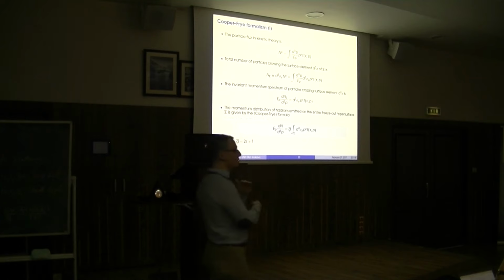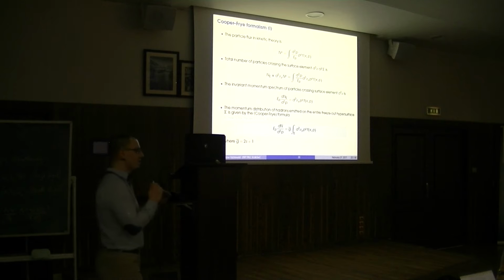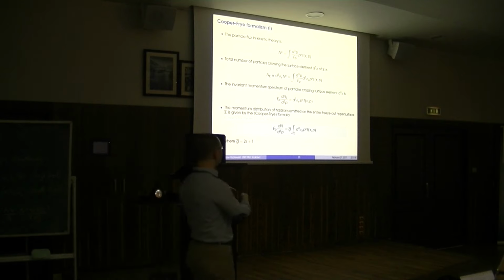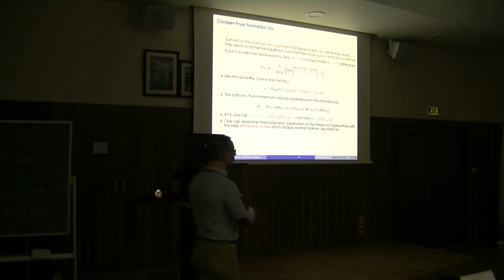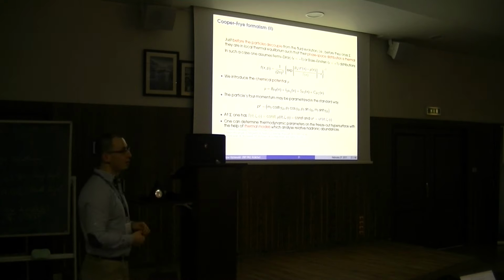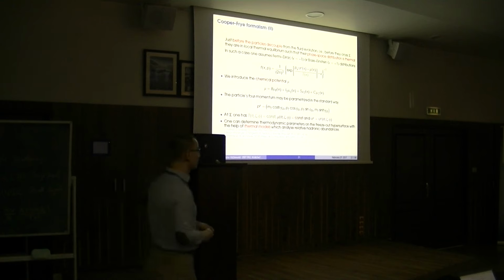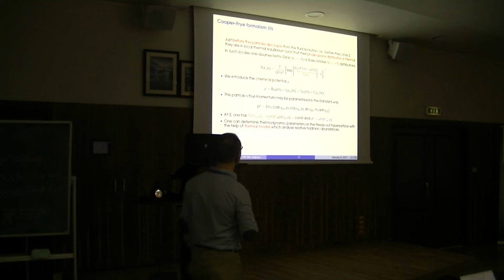So we assume that this thermal distribution is frozen, and we observe the same thing on the other side of the surface. And in this case, you can just assume that this distribution has the Fermi-Dirac or Bose-Einstein form, depending on which particle statistics you are looking at.